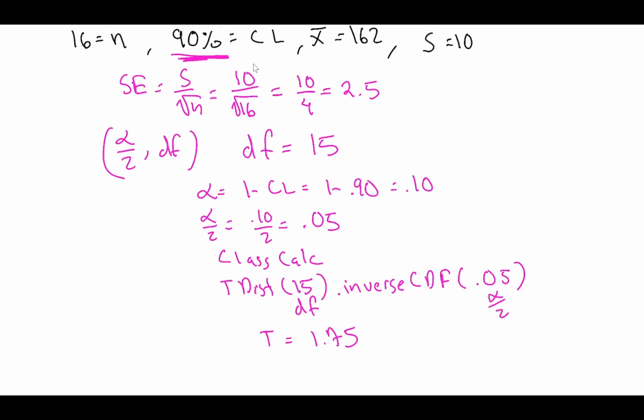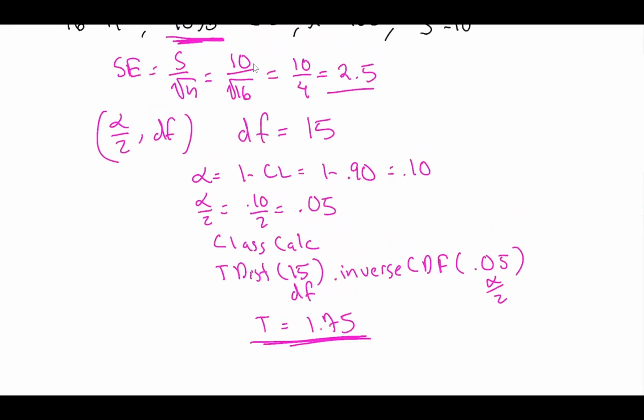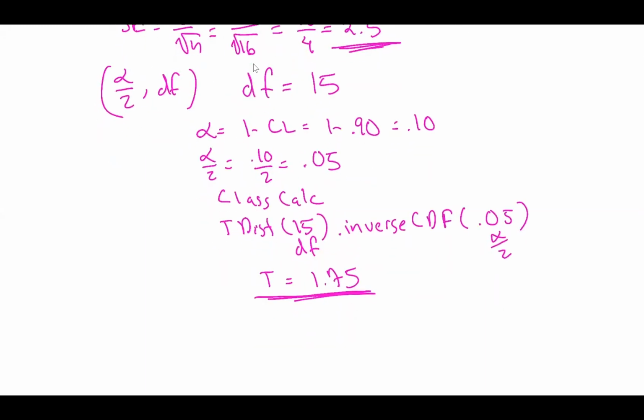All right. So if you look at it, I got my t value to be 1.75. I got standard error to be 2.5. So if I want to get margin of error, you go t alpha divided by 2 multiplied by standard error, which is 1.75 multiplied by 2.5.